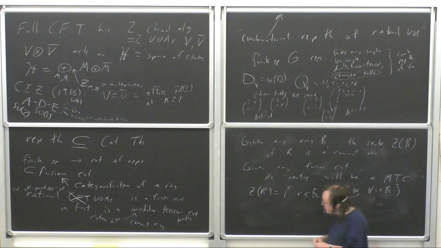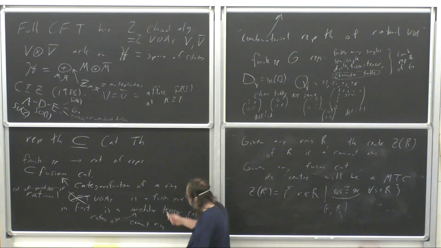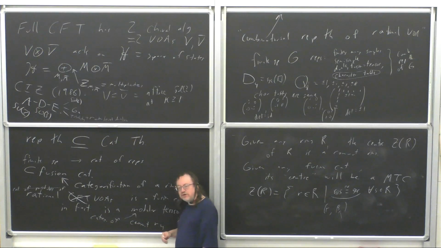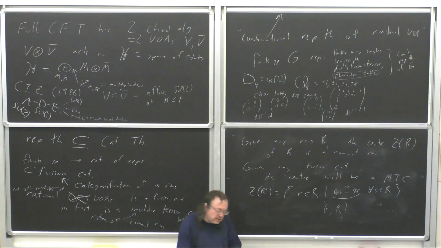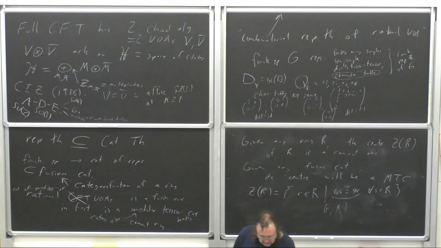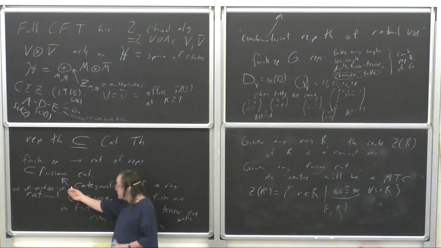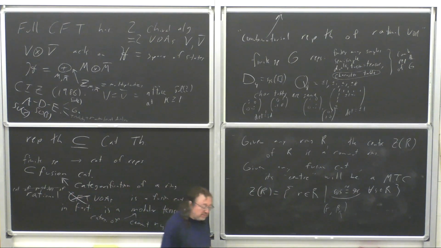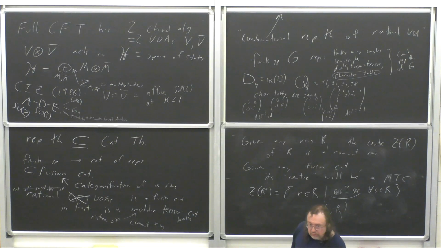So I'm kind of poo-pooing fusion categories here by saying modular tensor categories are vastly more interesting, which is true. Modular tensor categories are the representation theory of rational VOAs. But fusion categories are also potentially extremely interesting for CFT.